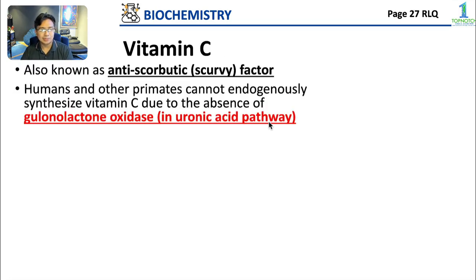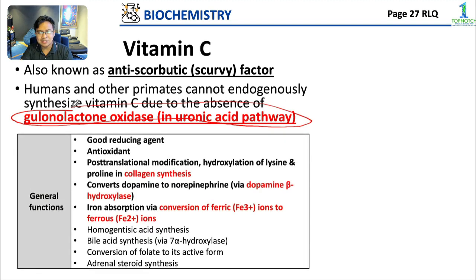Now we head to your vitamin C, also known as your anti-scorbutic factor. Now, humans and other primates cannot make their own vitamin C due to the absence of this enzyme, your gulonolactone oxidase, found in the uronic acid pathway. Vitamin C is very important.